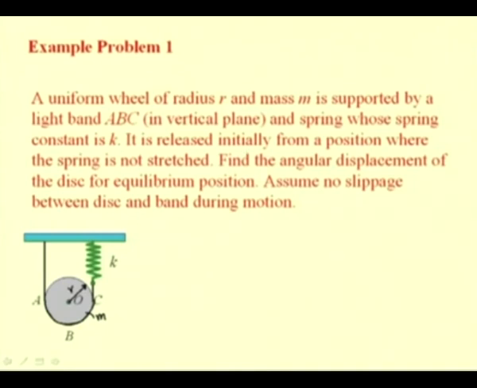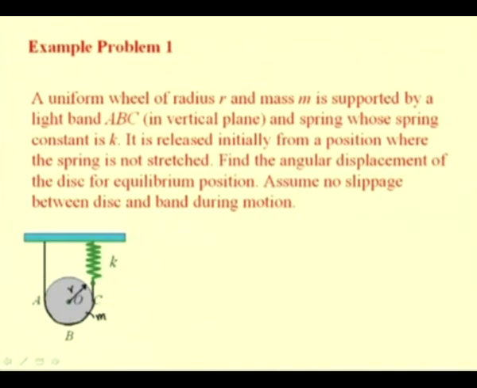We are interested to find the angular displacement of the disc for the equilibrium position. As soon as this disk is released, the disk will descend and then it will reach a position where the disk will be in equilibrium.